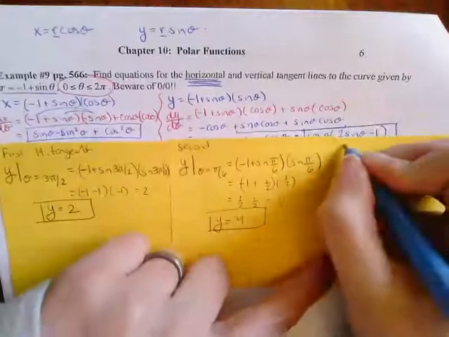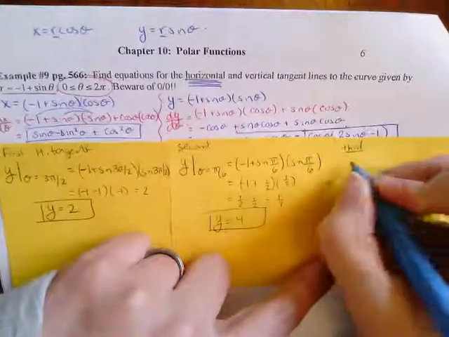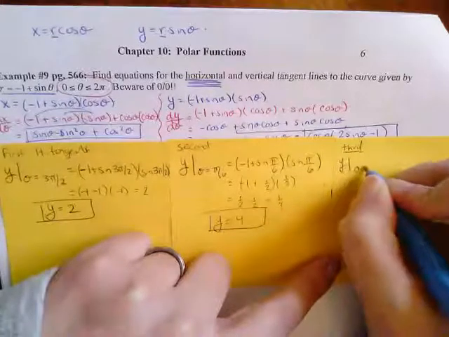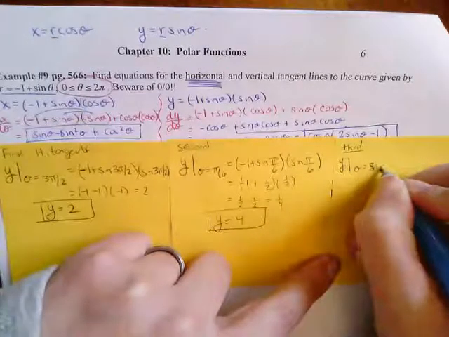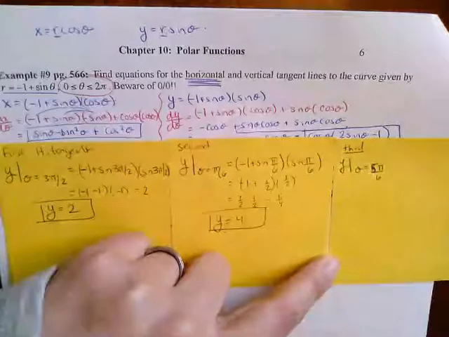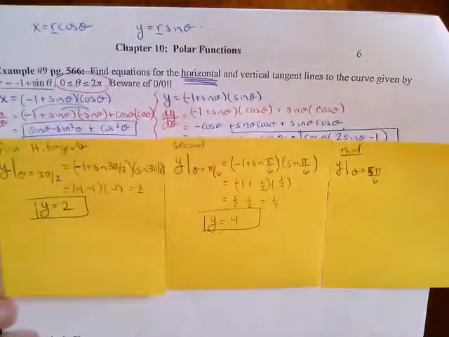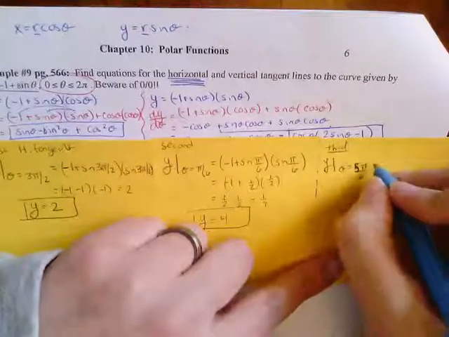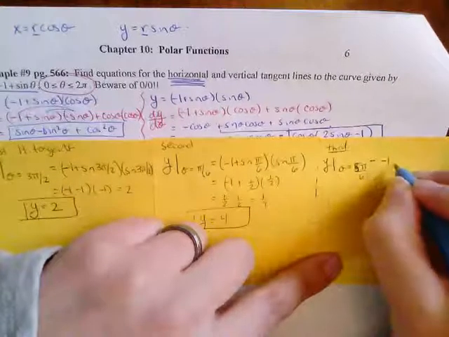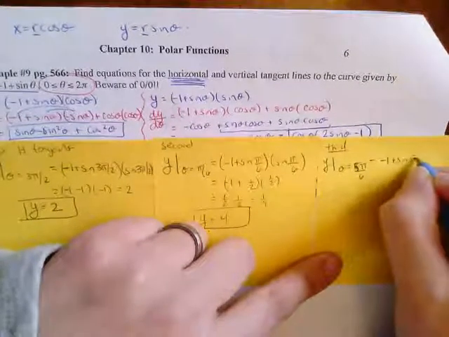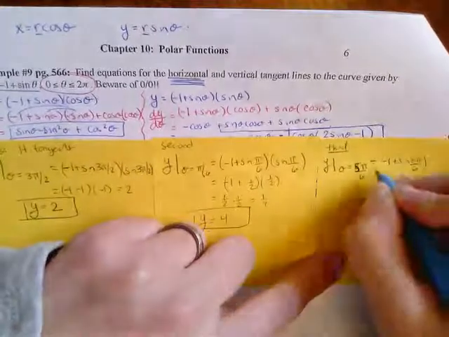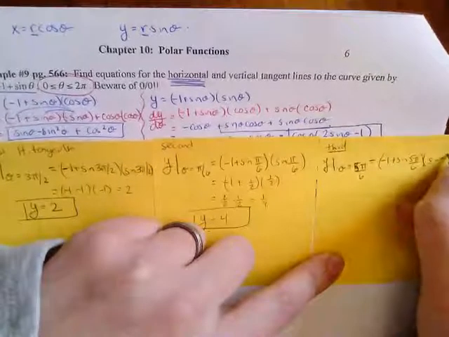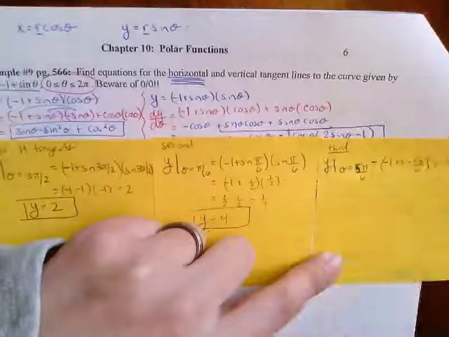And my third one is at y when theta is 5 pi over 6. So we're going to plug that into -1 plus sine 5 pi over 6 times sine 5 pi over 6.